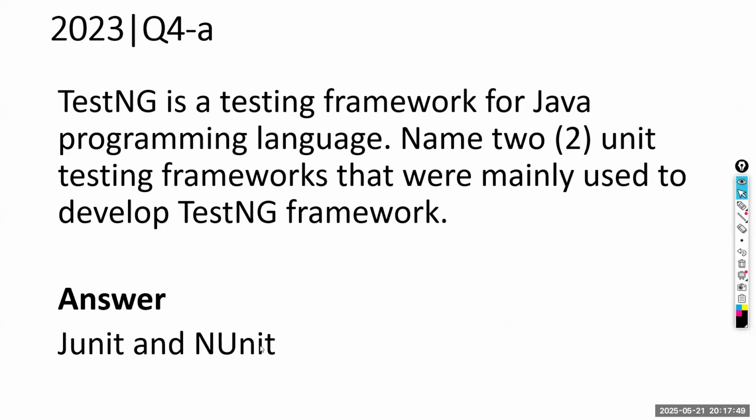Based on those two frameworks, TestNG was developed, adding more features. Of course, NUnit is for C# .NET, but basically NUnit was developed based on JUnit, and then NUnit also added some more features. Those features were also absorbed into TestNG. Though NUnit was for .NET, the concepts were absorbed here. Okay. Right, so that is the 2023 question 4A.